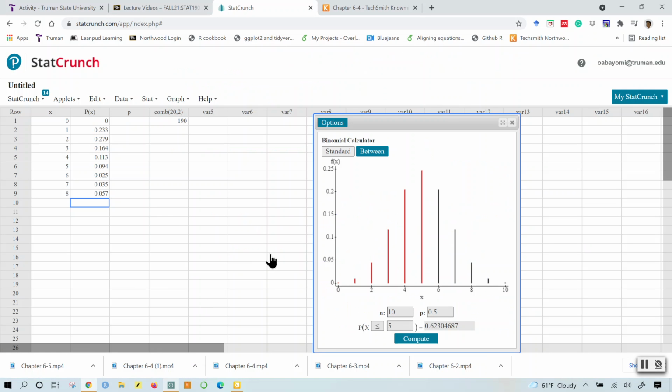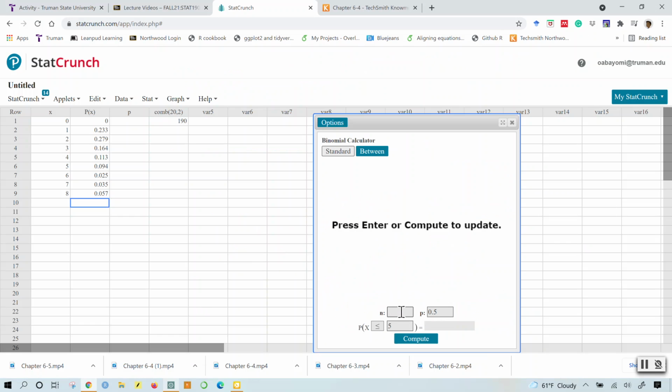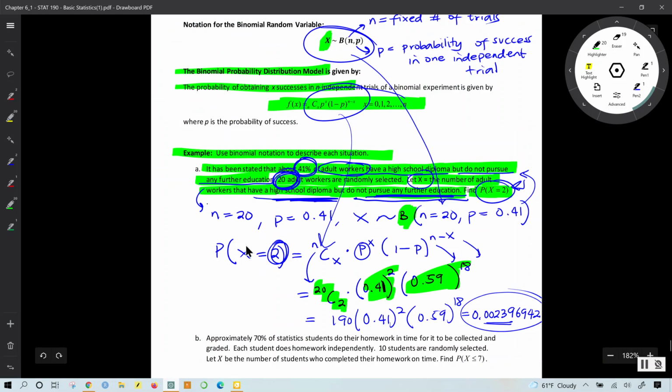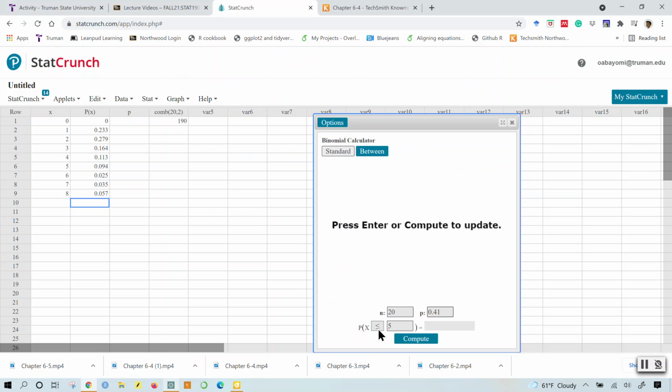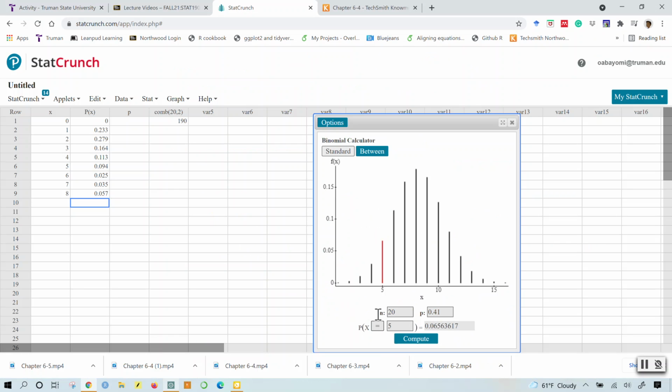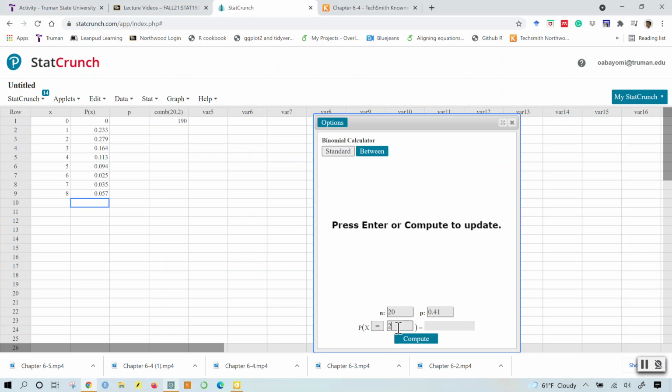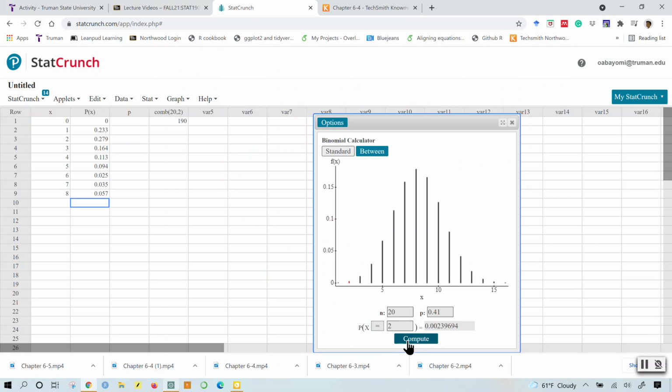These are your tuning parameters here. So we're going to set this to 20, and this is 0.41. And in particular, what probability would we like to compute? The probability that x is equal to 2. So I'll adjust accordingly. I want probability x equals 2. And I'll hit the compute button.